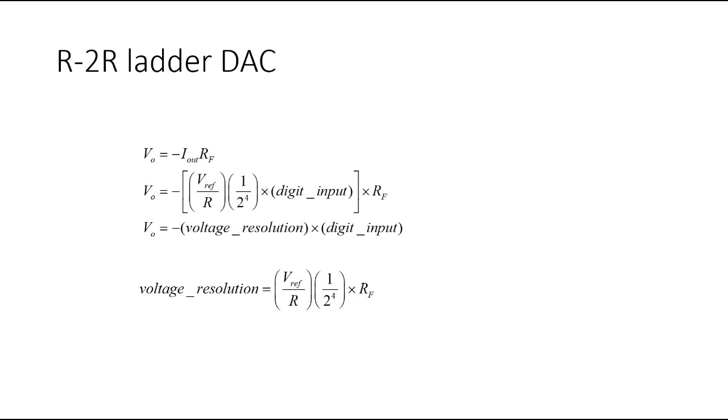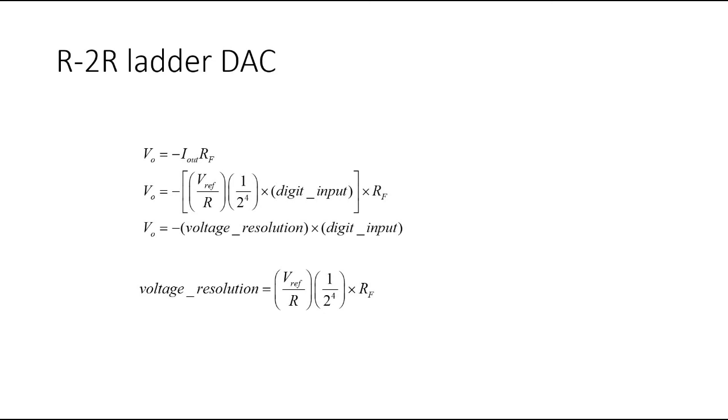So V out equal to negative I out multiply with RF. Okay, so V out equal to, kita gantikan I out kita adalah V reference divide by R multiply with 1 divide by 2 power of 4 multiply with digital inputs multiply with RF. Why negative? Because this is the negative feedback.